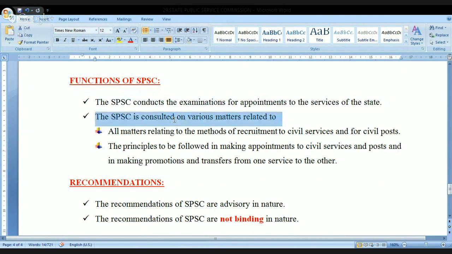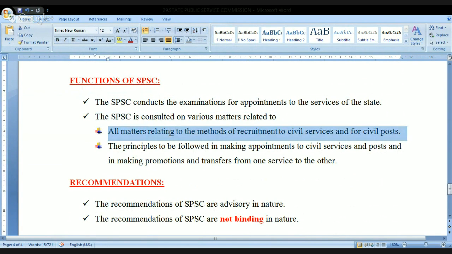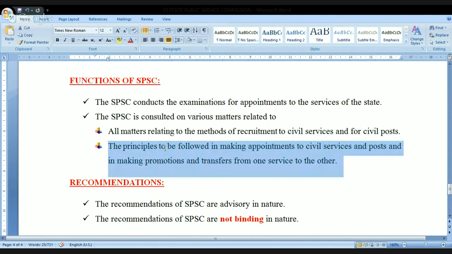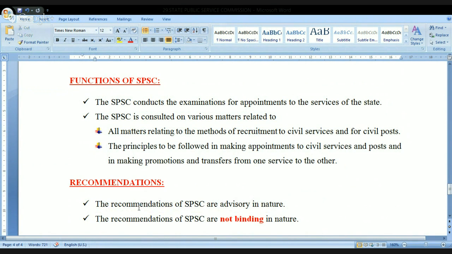The SPSC is consulted on matters relating to the methods of recruitment to the civil services and civil posts at the state level, and the principles to be followed in making appointments to the civil services and posts, and in making promotions and transfers from one service to another service. The last one, the recommendations of the Public Service Commission are advisory and not binding in nature.